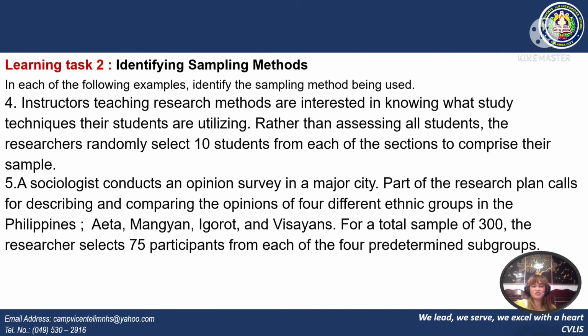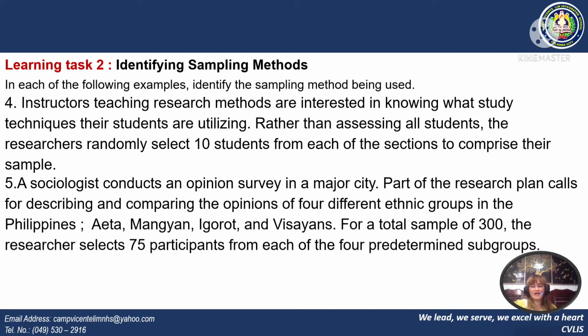4. Instructors teaching research methods are interested in knowing what study techniques their students are utilizing. Rather than assessing all students, the researchers randomly select 10 students from each of the sections to comprise their sample. Last, a sociologist conducts an opinion survey in a major city.